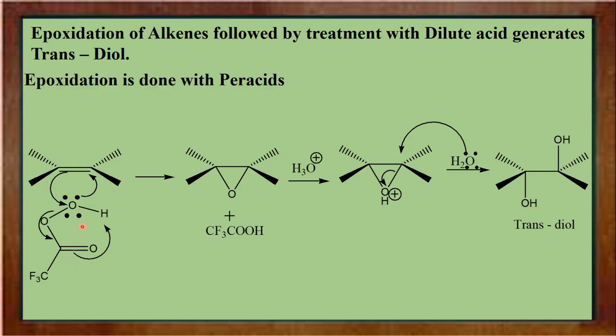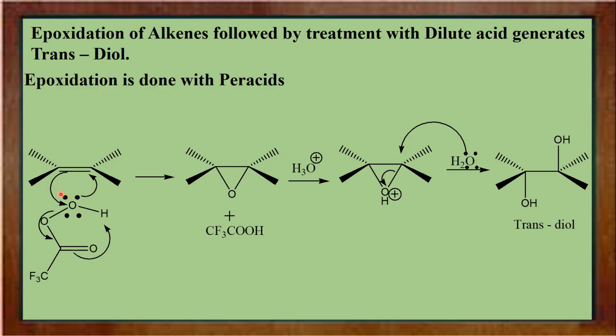So here we can see this oxygen of the peracid with its lone pair attacks the double bonded carbon, and this pi bond is shifted to this carbon, and that is again attacking this oxygen.